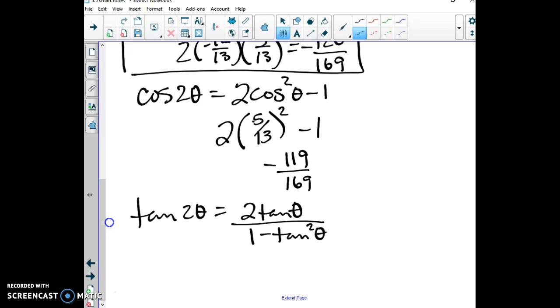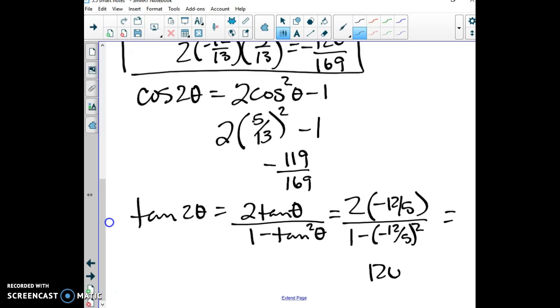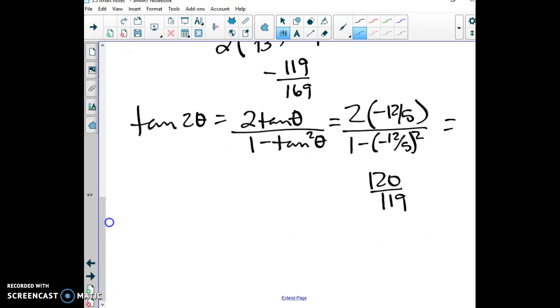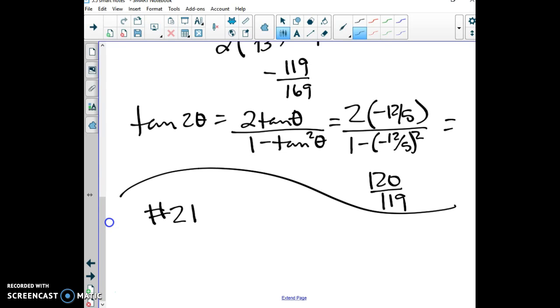And we're going to plug those values in. -12/5, and on the bottom 1 minus the tangent squared, which is -12/5 squared. That's going to simplify to 120 over 119. Now try number 21 and come back and check your work.